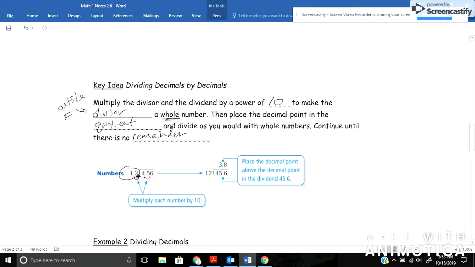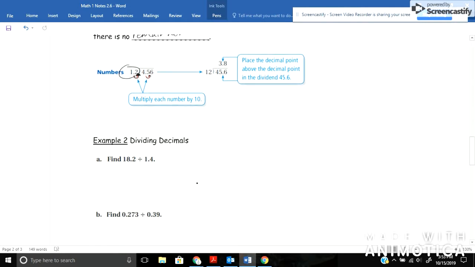If you move your decimal point one spot in the divisor, you also have to move it one spot in the dividend, making this new rewritten problem 45.6 divided by 12 instead of 4.56 divided by 1.2. And then it's similar to what we just did. So let's try one out.